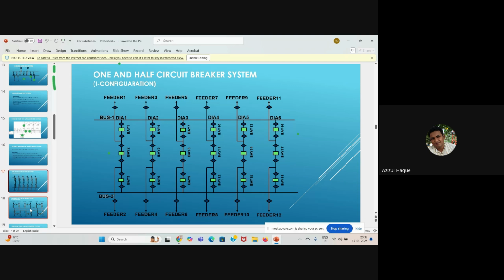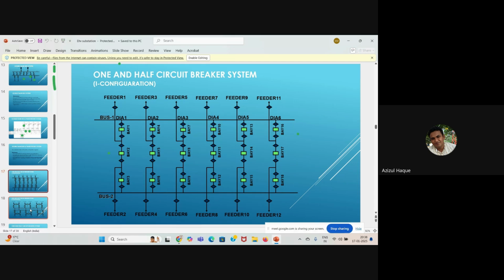So if we close this breaker, bus 1 and bus 2 will be synchronized. Then the entire bus becomes a single unit. In this way, it is operating as a bus coupler breaker. So the double main bus system is included in this system.